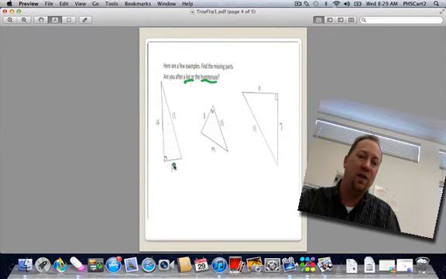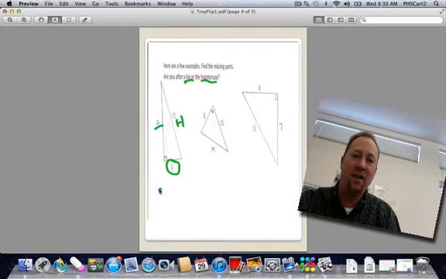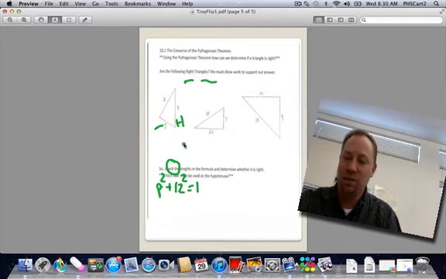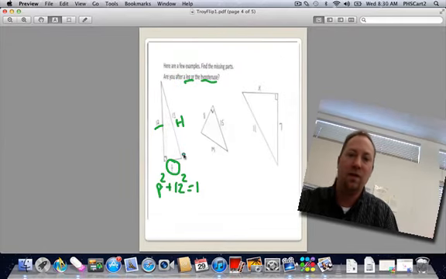In this first triangle, when I'm after p, that's one of my legs. The other leg would be the 12, and then of course the 13 would be my hypotenuse. I'll put an H by that. So when I go to set this up, you have the leg squared, so p squared, plus the other leg, 12 squared, equals the hypotenuse, 13 squared.